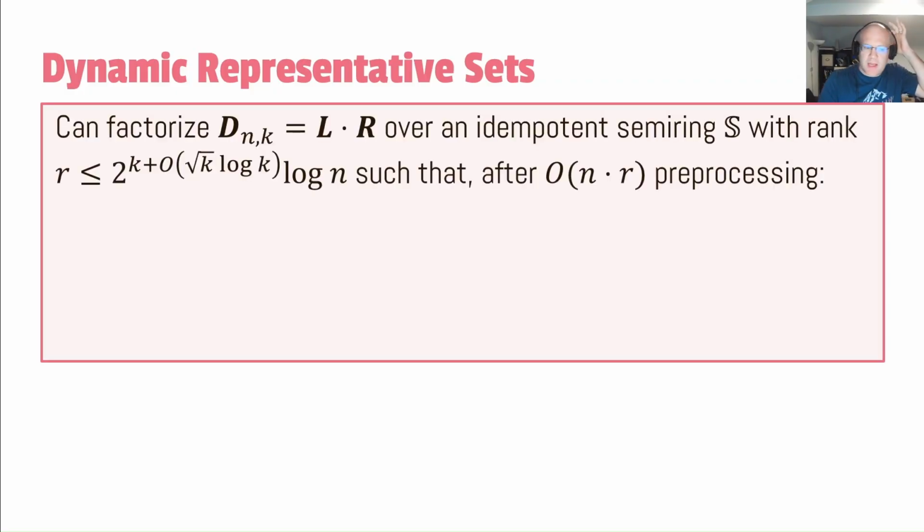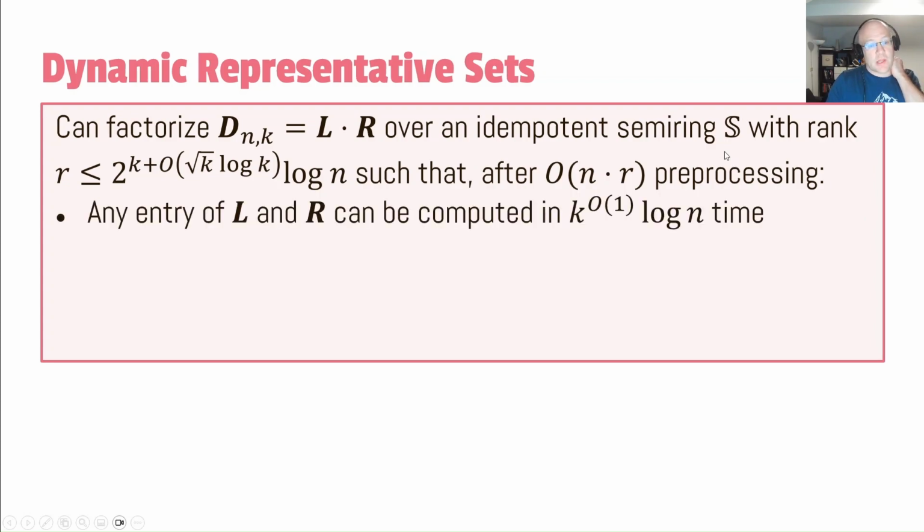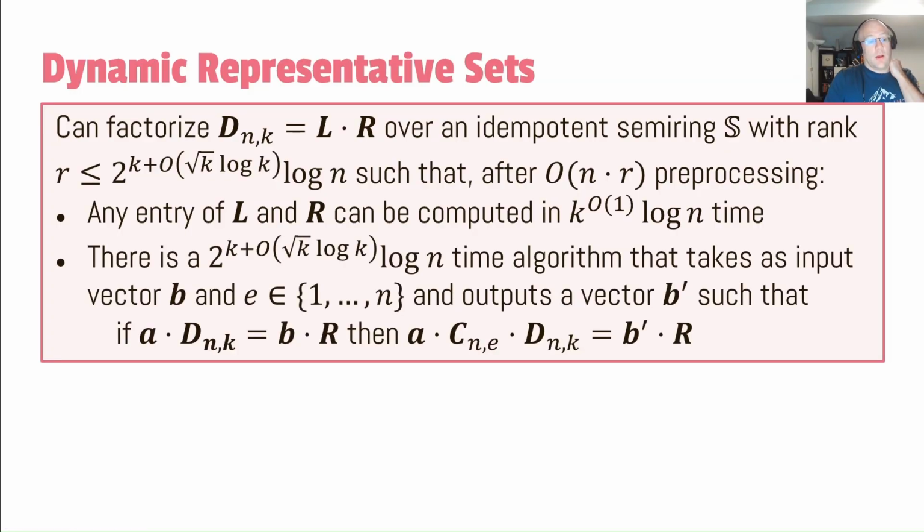Okay, so now I still want to briefly say something about the main tool that we have in the paper, which is dynamic representative sets. So that's the main technical tool, and from this all the other observations hold. And it's basically what I told you here, and it actually works over any semi-ring S. So we have this factorization of the disjointness matrix in L times R, and there is a quick way to do this element convolution in the way that I told you.